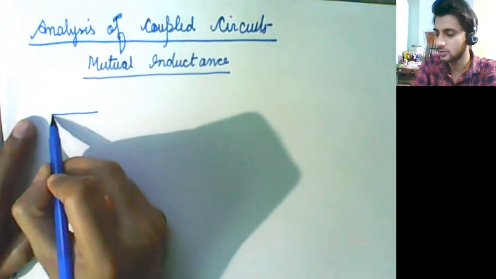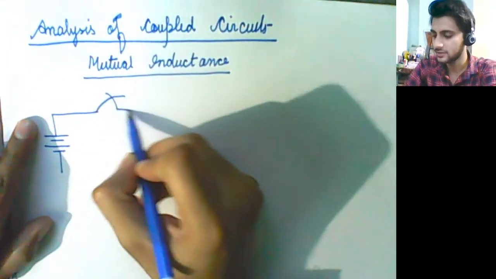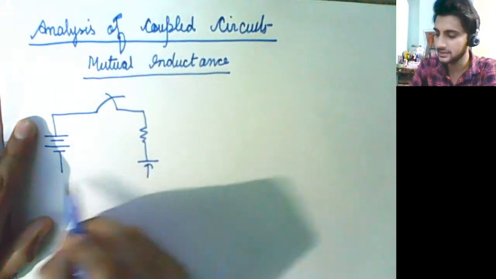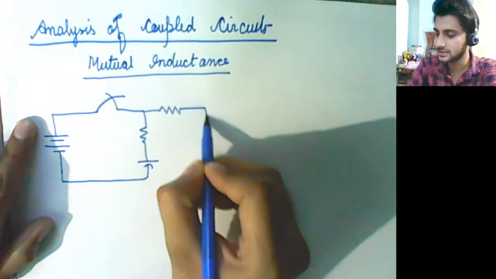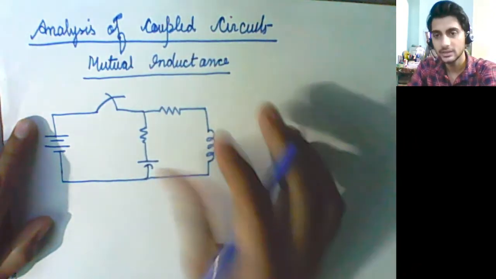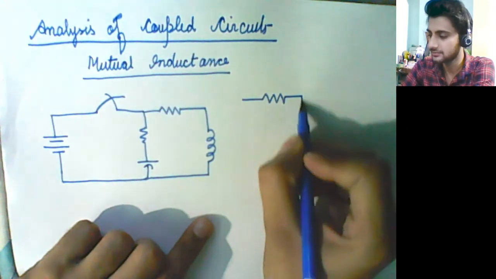Let us say you have a battery, a switch, a resistance, a capacitance here, another resistance, and an inductance. Okay, this is one circuit, and on the right hand side there is another circuit.